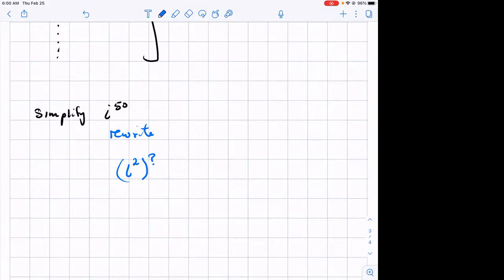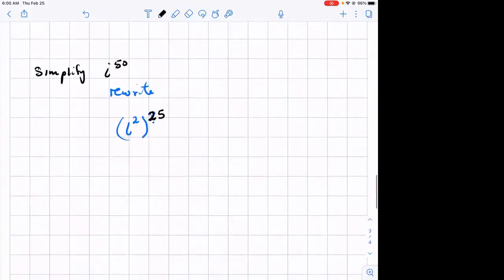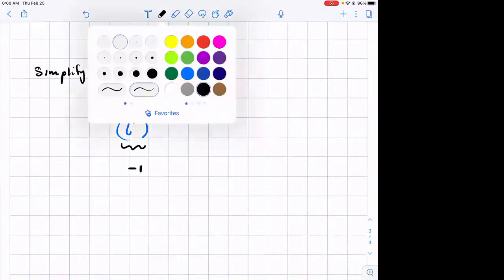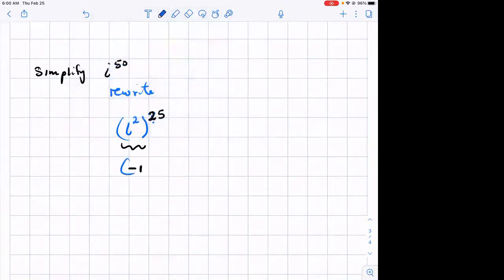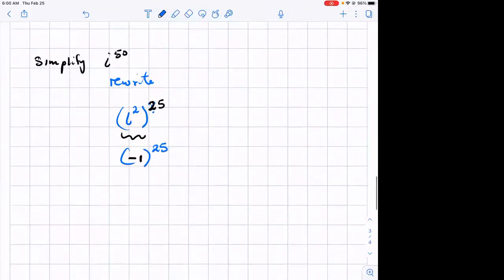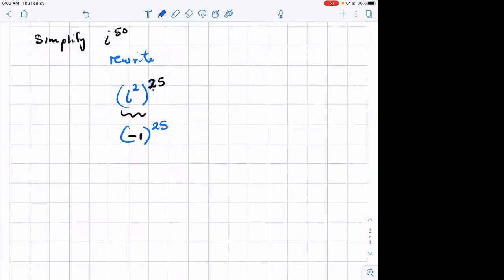That becomes 25. We know i squared is minus 1, so minus 1 raised to any odd power is equal to minus 1.